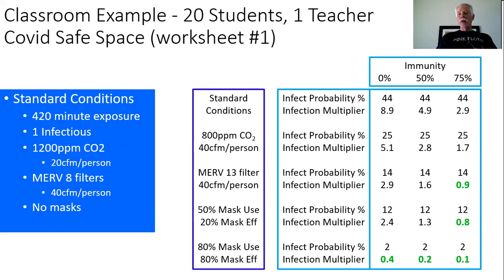So the steps we want to look at are reducing the carbon dioxide concentration and the associated contagion concentration. And if we go from 1,200 parts per million to 800 parts per million, that's a reduction in carbon dioxide that indicates we've increased the fresh air ventilation by a factor of 2.